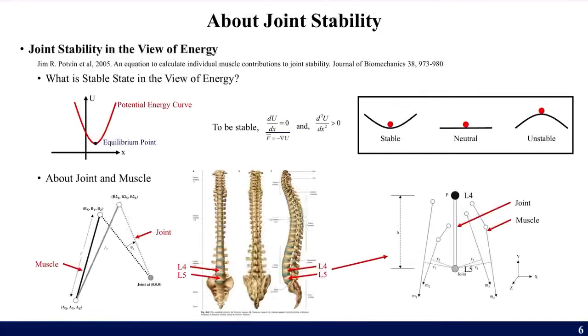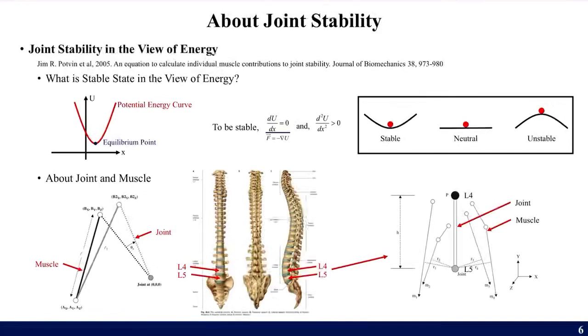As you can see, there are three balls, and by calculating the first derivative and second derivative of the potential energy, I can distinguish the state of the particle. So like this, I can apply the idea to the joint.